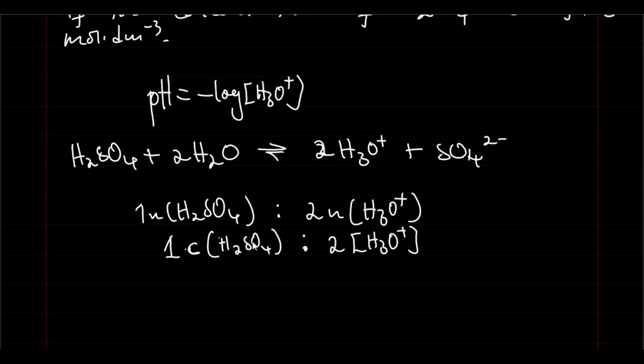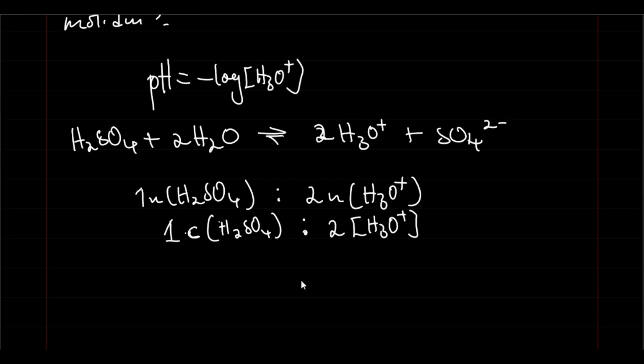So for every 1 mole per dm cubed of sulfuric acid that ionizes, 2 mole per dm cubed of hydronium will be formed. Okay, so now you can see that the moles and the concentration work the same in terms of stoichiometry.